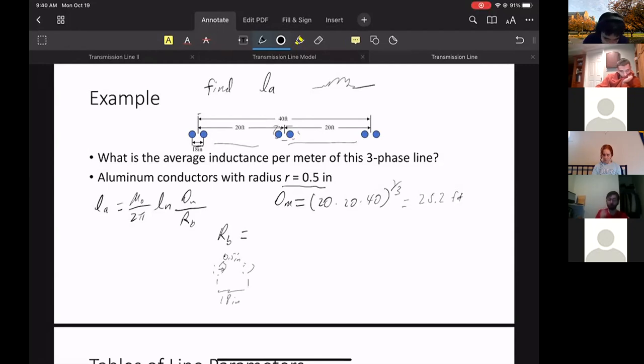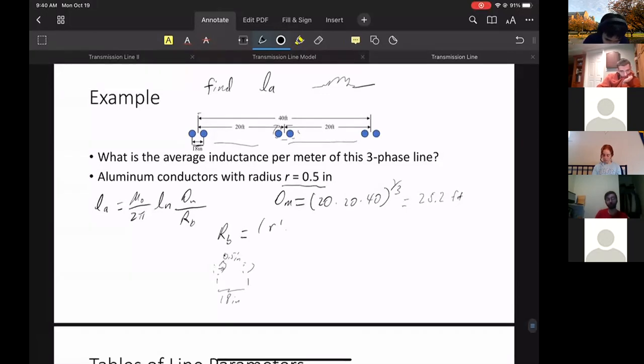And the factor you need to remember is that there is always an R prime associated with it. So when we talk about the radius of the conductor, we're talking about the R prime, not R. So R prime times 18, so this is 0.5 times e to the 1/4 times 18, all to the square root.